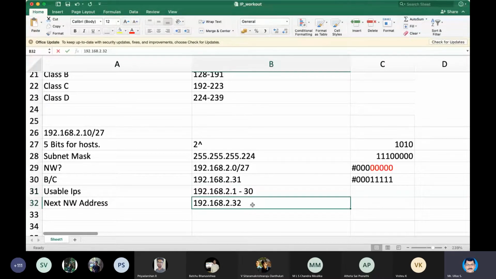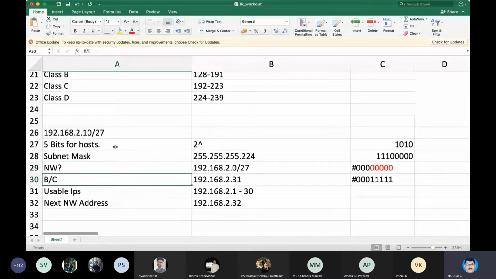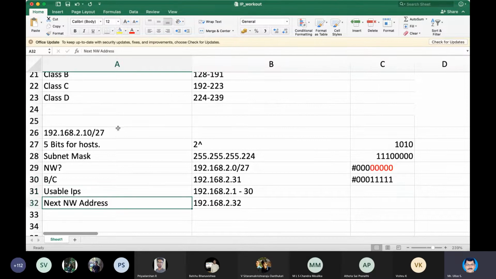So these are the possible questions you can be asked by giving such an IP address. What is the subnet mask? What is the network address of the given IP? What is the broadcast address of the given IP and subnet mask combination? What are the usable IPs? What is the next network address? And maybe it can be asked in another way also.